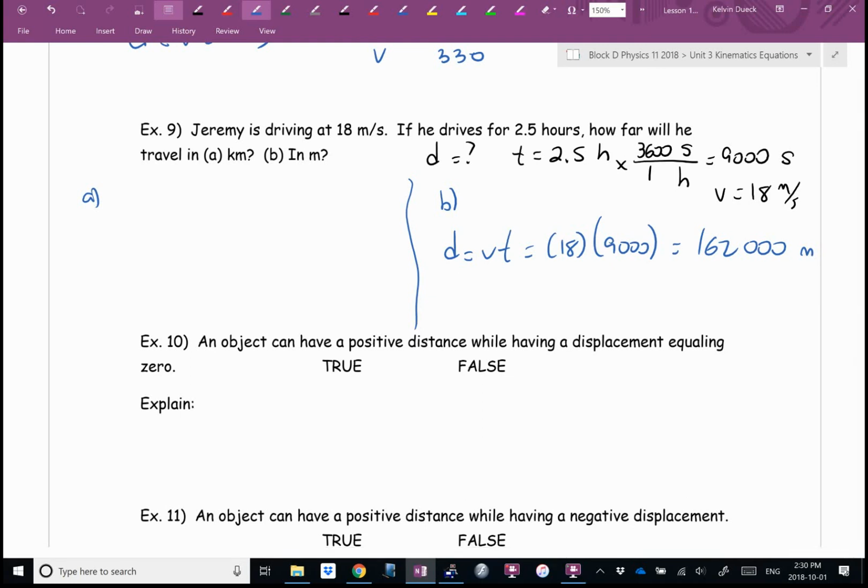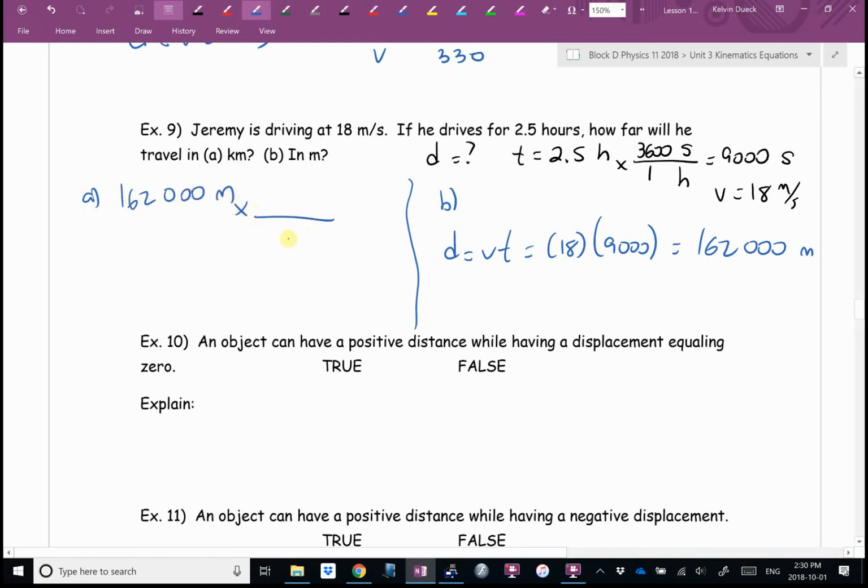And have you all spotted the shortcut or derived your own shortcut for going from meters to kilometers and vice versa? Yeah, Ben, how do I go from meters to kilometers? Don't look at him. He's not allowed to help you on a test. No? Okay, let's write down what they gave me. 162,000 meters.